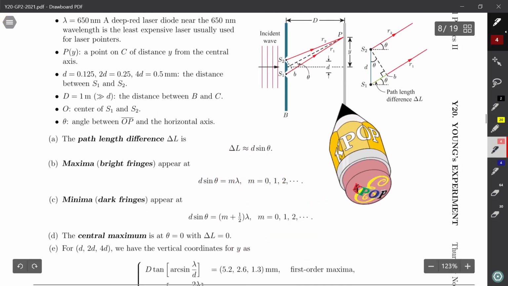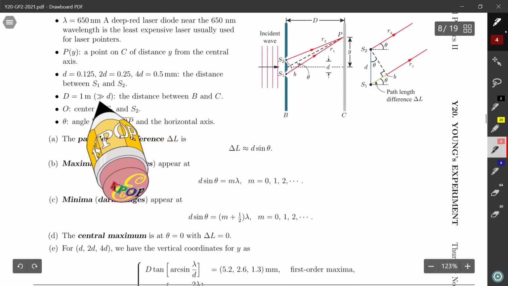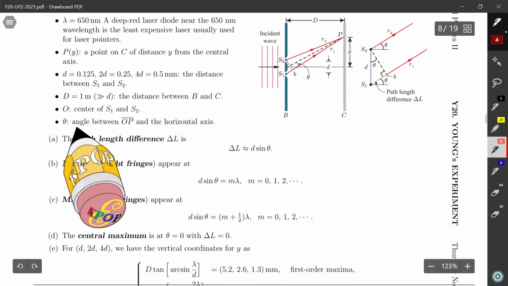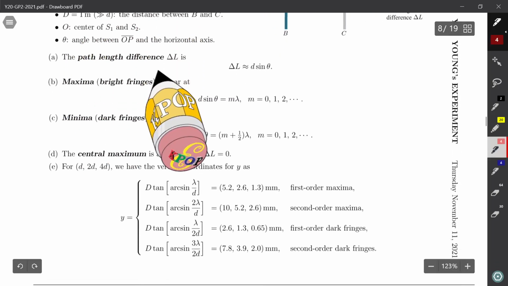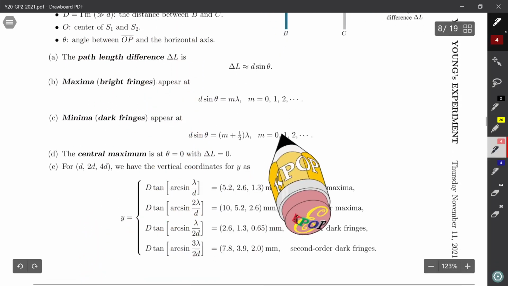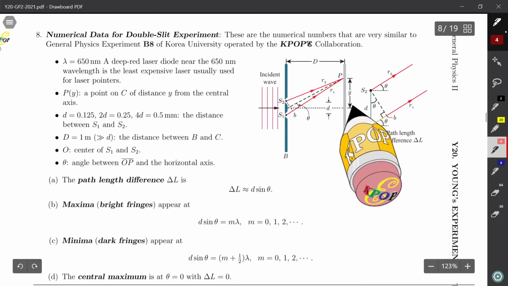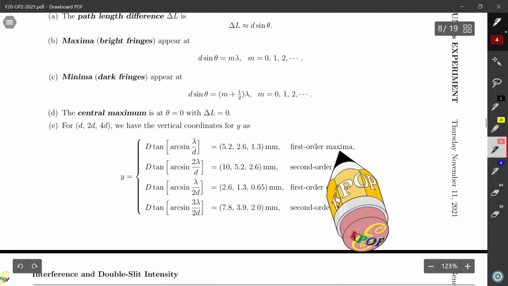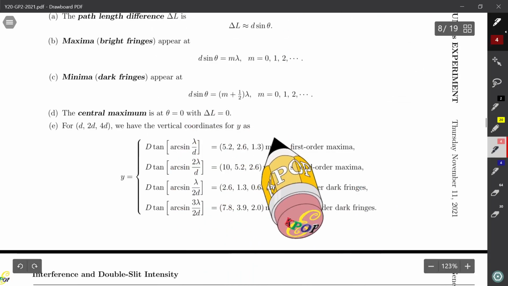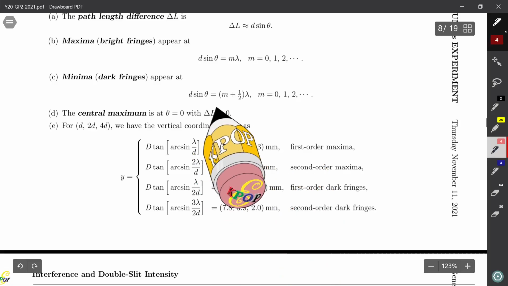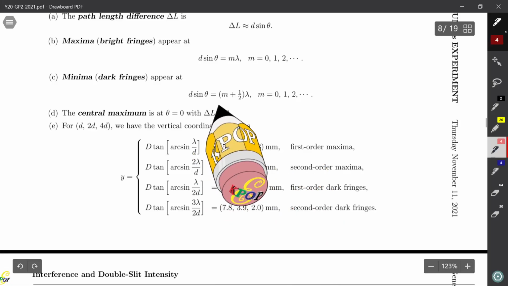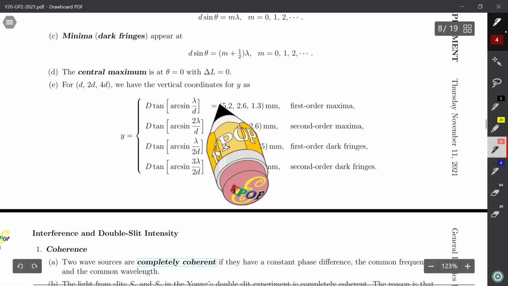And the distance D is, for example, 1 meter. If we substitute these numbers explicitly, the distance y on the screen can be computed in such a manner. And these are the numbers measured in a real experimental class.